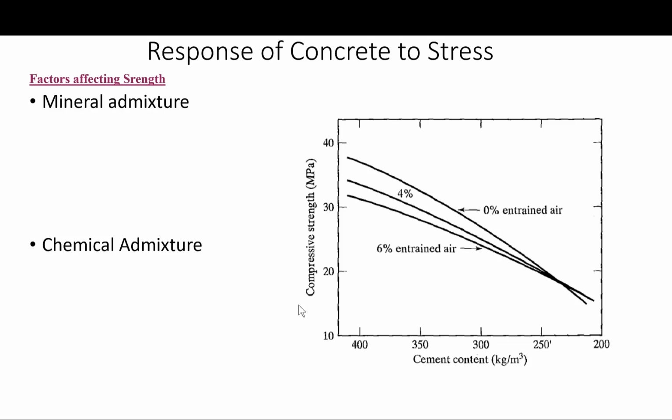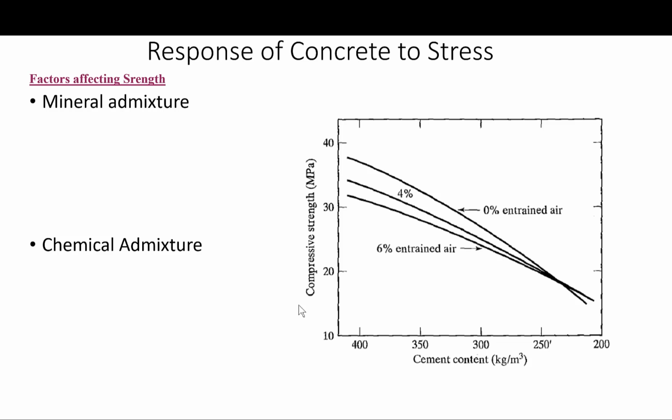The combined pozzolanic and filler effects of silica fume also increase the strength and generally decrease the porosity of the interfacial transition zone as compared to that obtained in concretes without the admixture. So mineral admixtures are of great advantage in many cases, and we discussed those in detail in that particular module, okay?